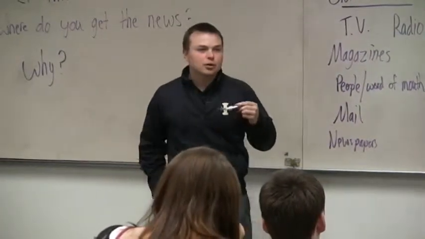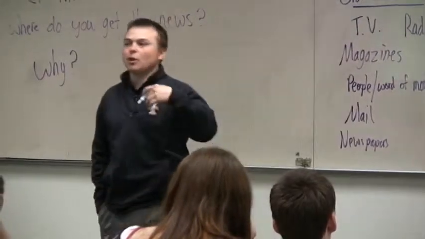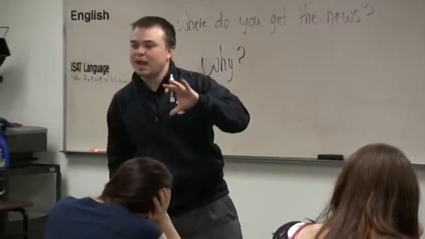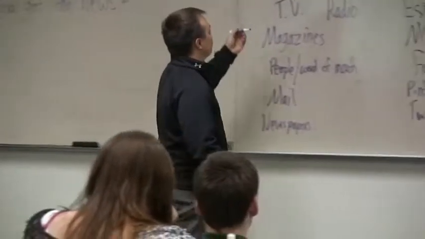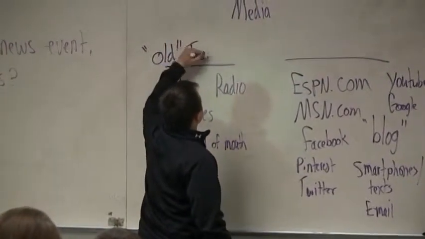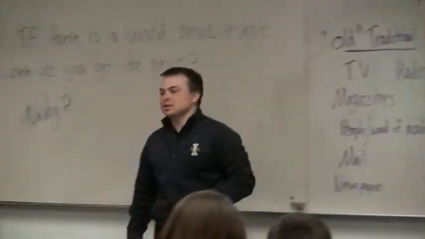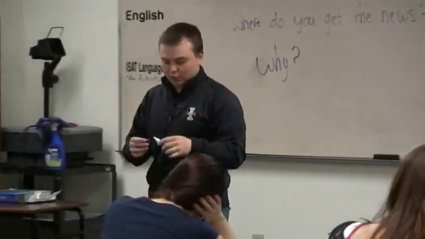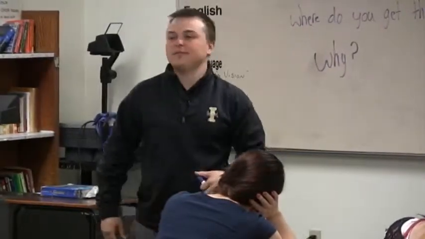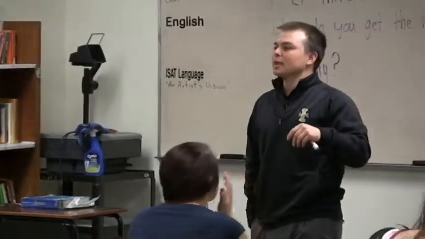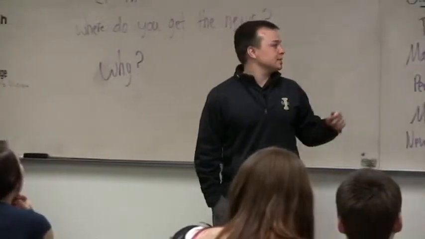Something that's old, that's been done over and over, or it's been happening for a long time. We usually call it traditional. These are traditional ways of communicating. Printing stuff up. Newspapers, magazines, through the radio, snail mail. That's traditional.